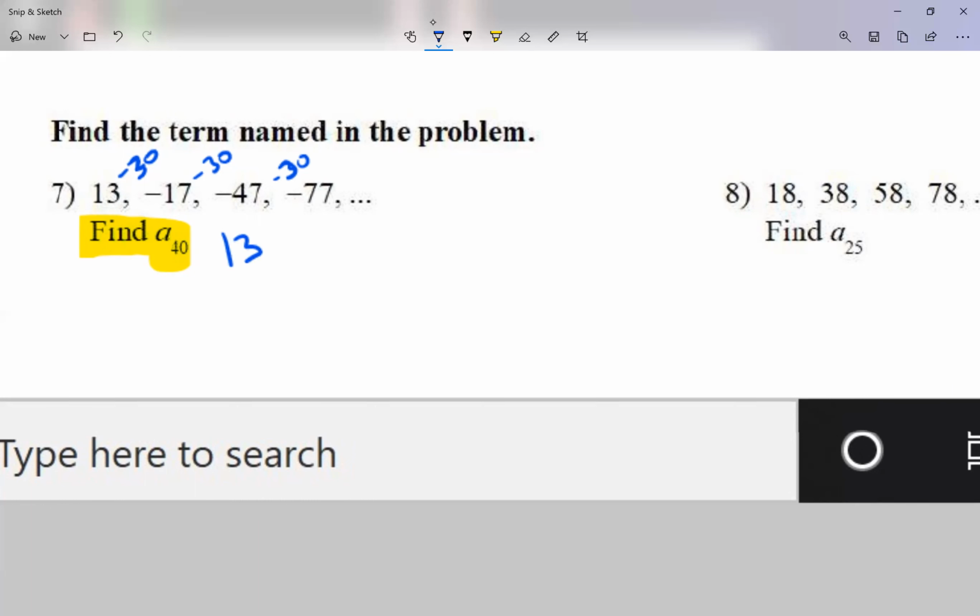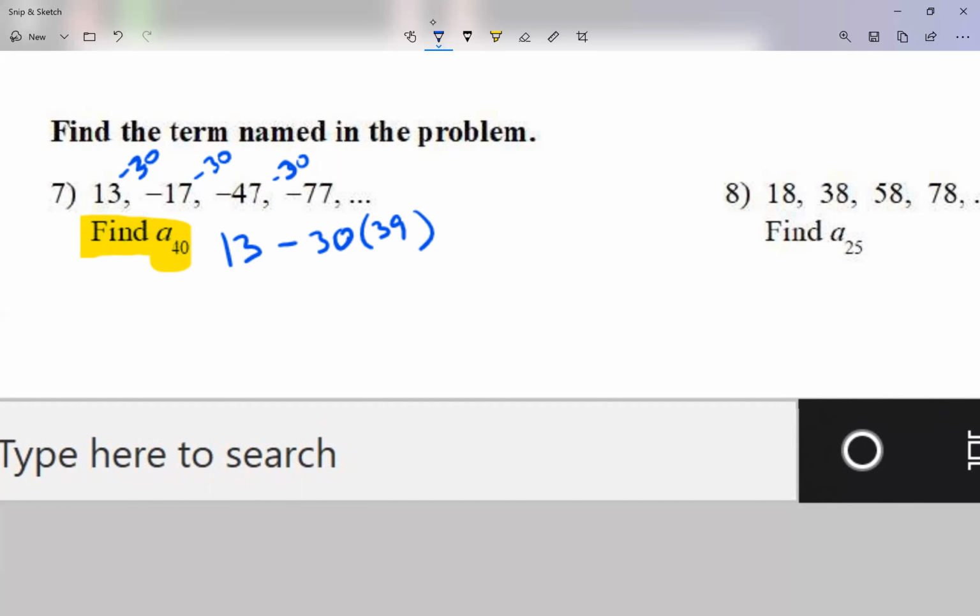And I'm going to subtract 30 so many times. Keep in mind, I start subtracting on the second number. So I'm going to subtract 30 39 times. It's always one less. I want the 40th number, and because I start subtracting from the second number, I'm going to subtract it 39 times.